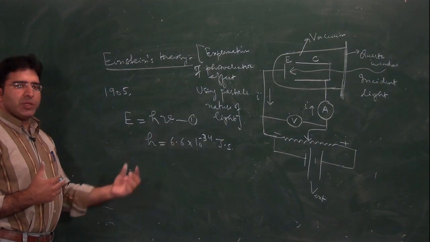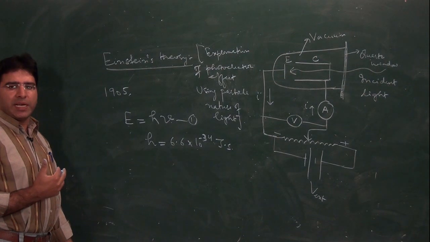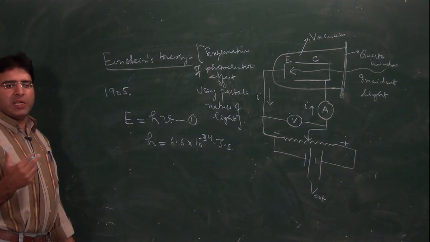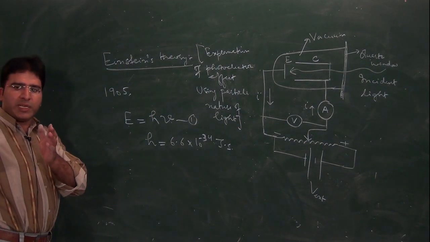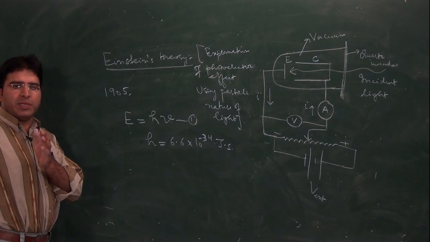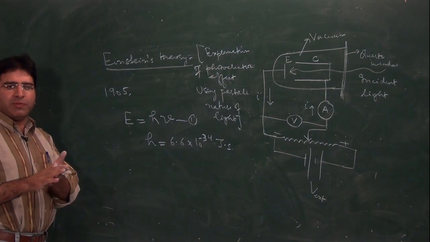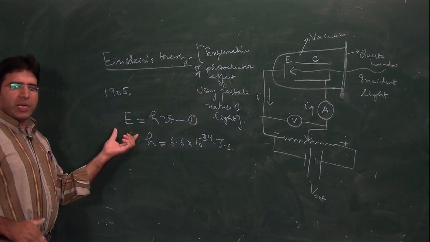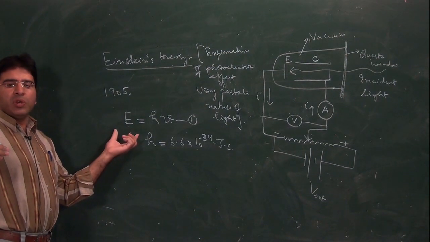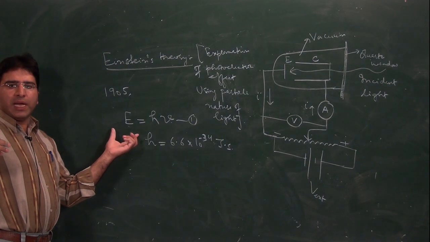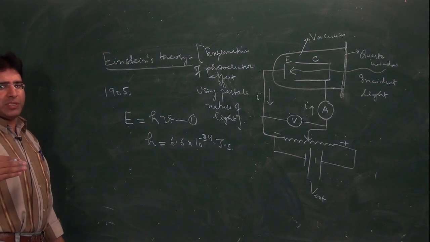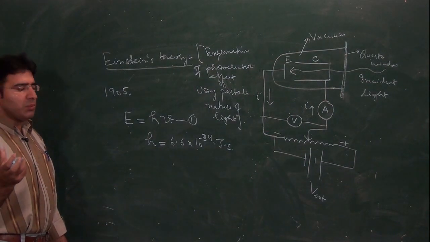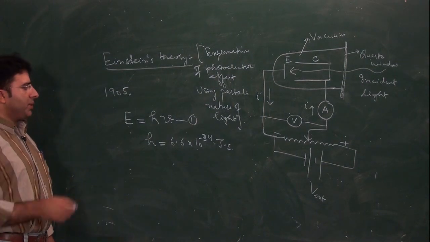That means if you take the photon of ultraviolet light, the wavelength of ultraviolet light is smaller than visible, the frequency is larger than visible. Therefore, the photon of ultraviolet light will have more energy than visible light. So, if you increase the frequency of the light, the photon becomes more energetic, it is proportional.